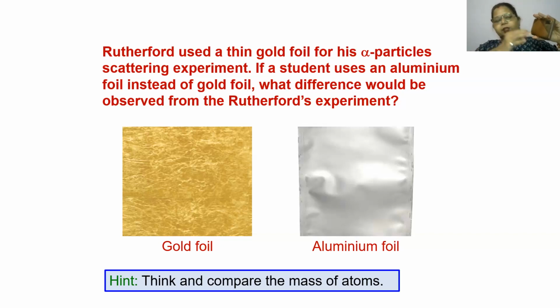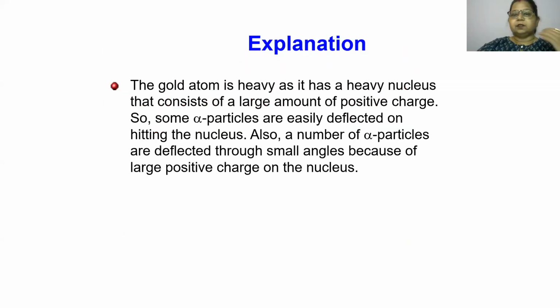The moment I throw a stone on it, it will jitter, it will shake like this. Now, the same thing happens with the gold foil and aluminium. Atomic mass of aluminium is 27 and that of gold is in hundreds, so the gold foil itself is pretty heavy. Its nucleus is heavy.